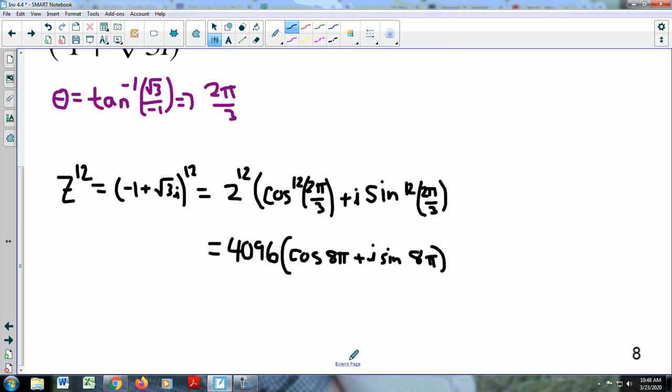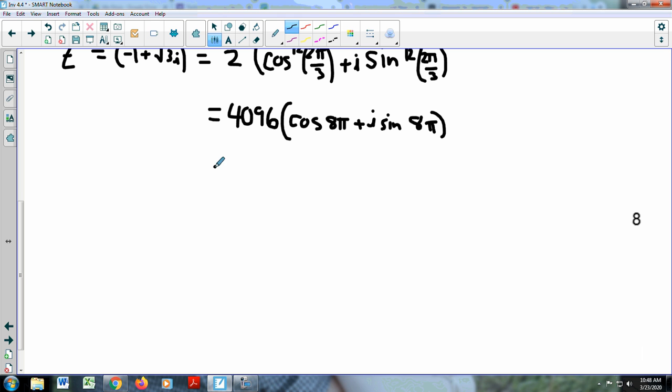Now I can simplify this. Cosine of 8 pi is just cosine of 0, and sine of 8 pi is sine of 0.